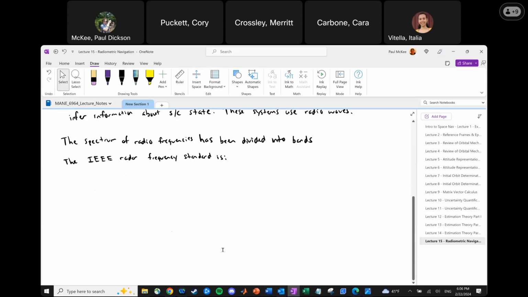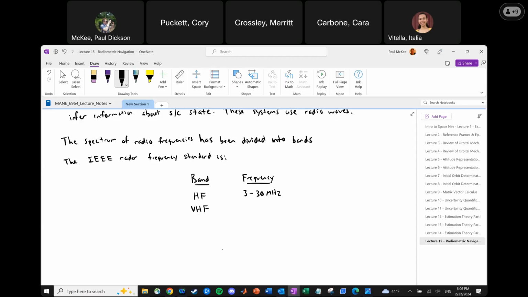So here comes a big old data table. So first we have high frequency, HF, which is 3 to 30 megahertz, followed by very high frequency.